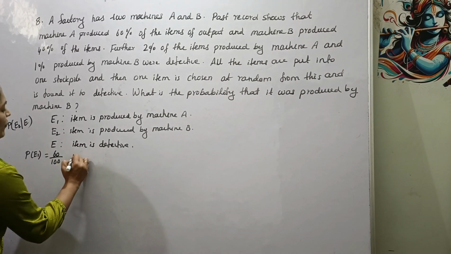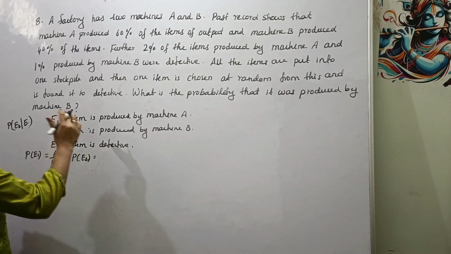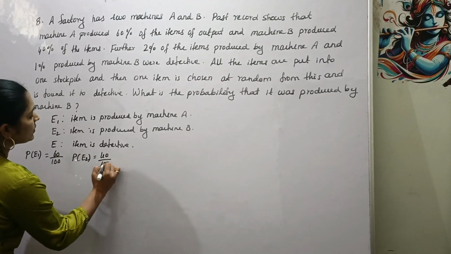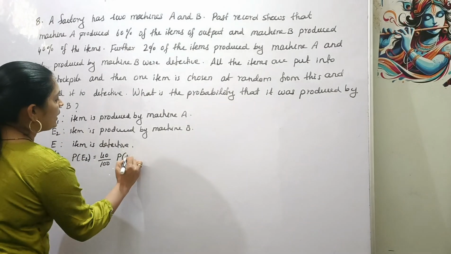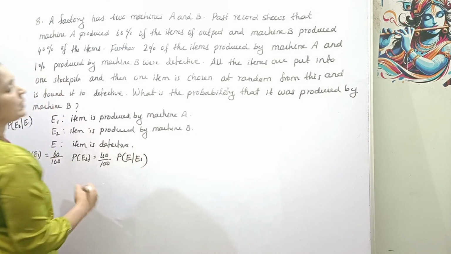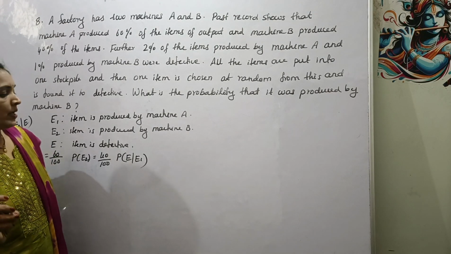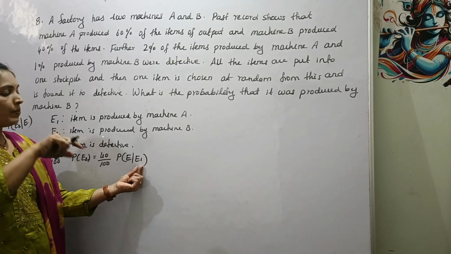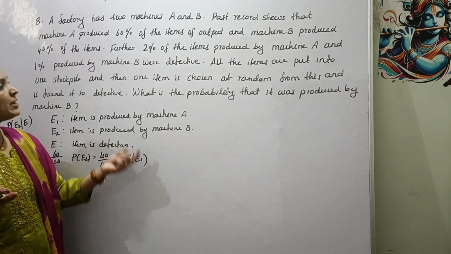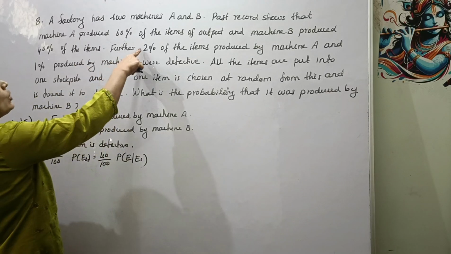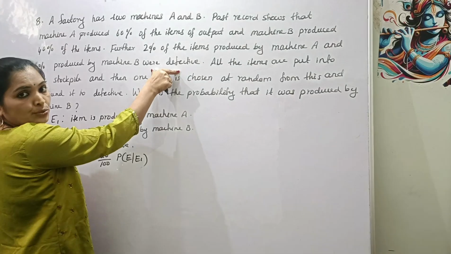Then probability of E2. Probability of E2 is 40 divided by 100. Okay. Next, probability of E given E1. That is, probability of defective item given that it is produced by machine A. Okay, machine A, it is given here, right? 2% of the items produced by machine A are defective.